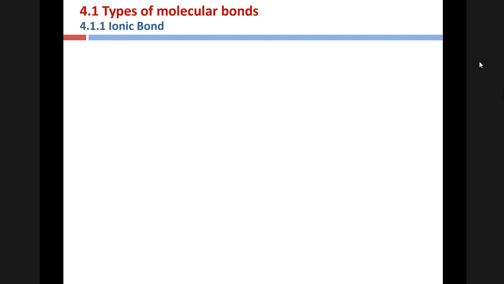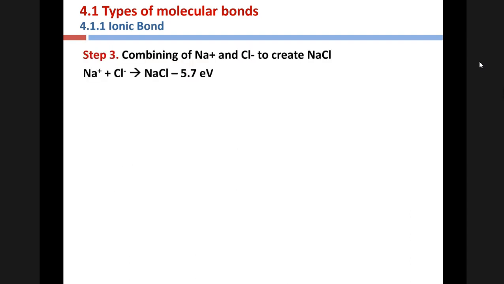Then you have step 3: combining sodium and chlorine to create natrium chloride, with minus 5.7 electron volts.